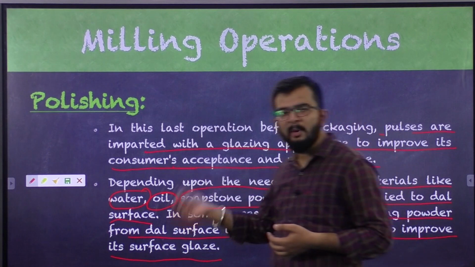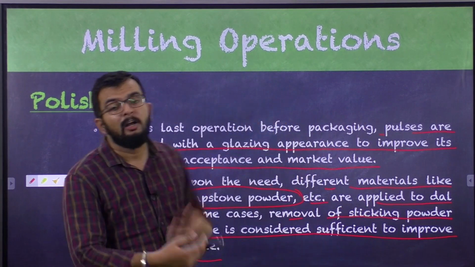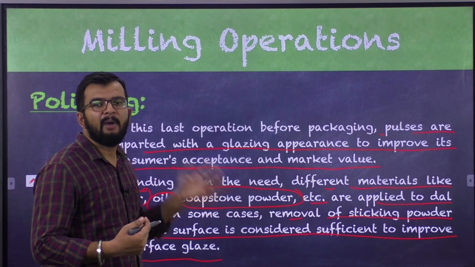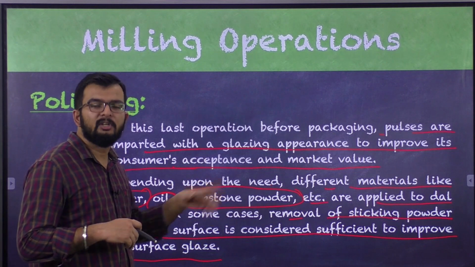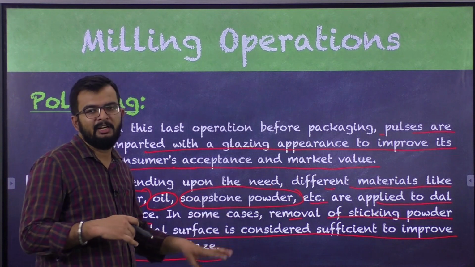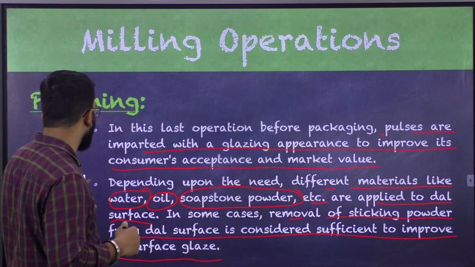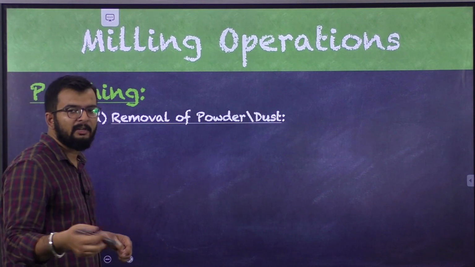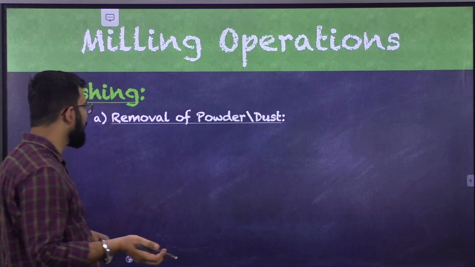That is, instead of applying any additive or external agent, just washing off the powder which has stuck on the surface during the milling process is regarded as sufficient for polishing.